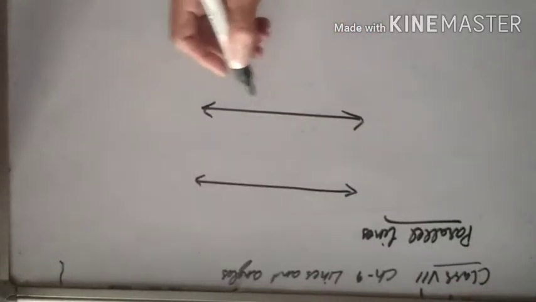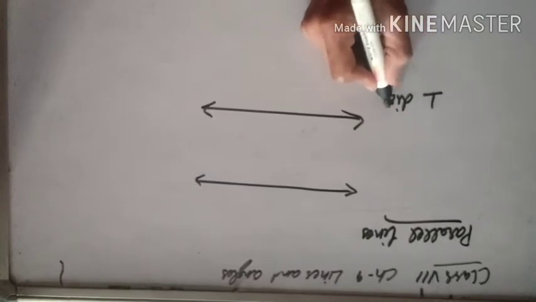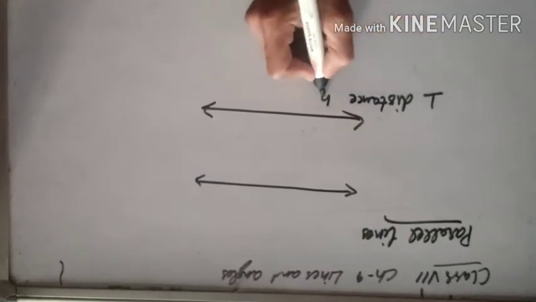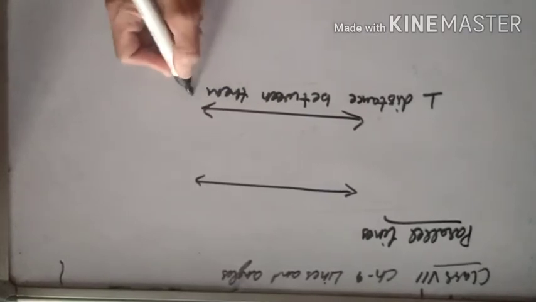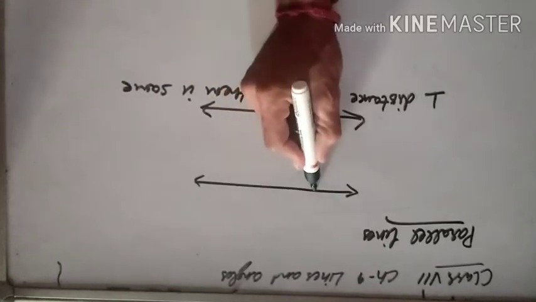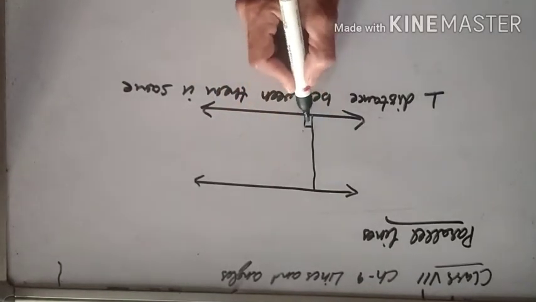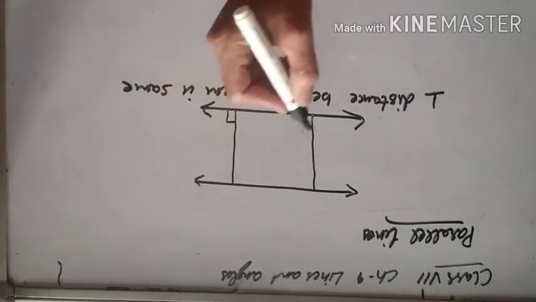And second, the perpendicular distance between them is the same at every point. Means if I draw a perpendicular here, the length of this perpendicular is equal to the length of this perpendicular.